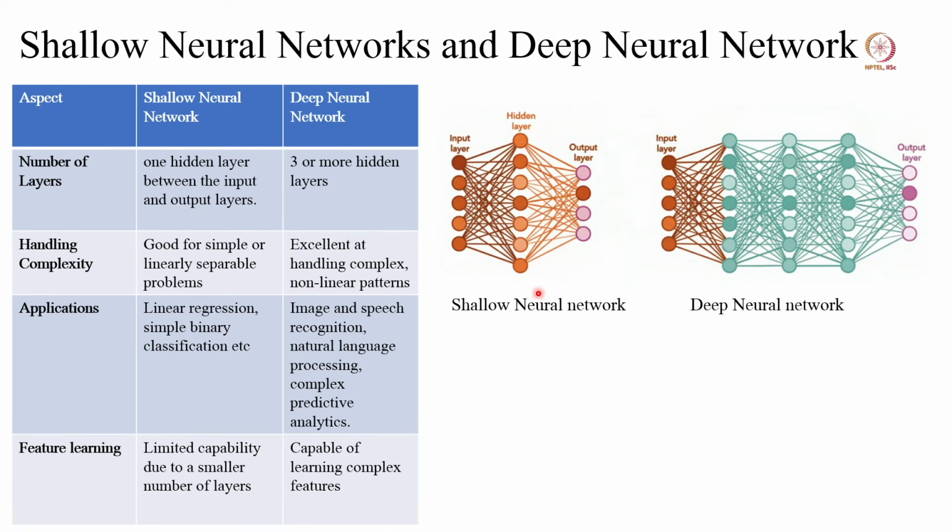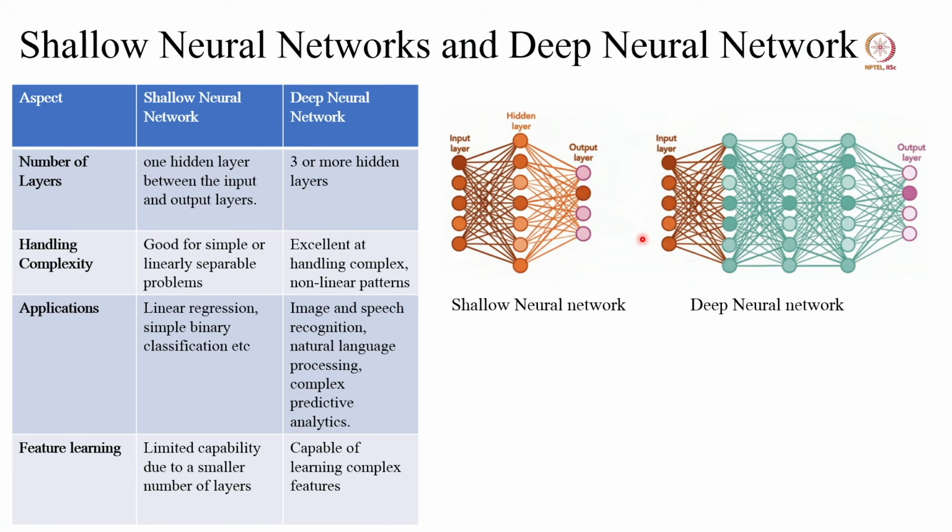So, in a shallow neural network we have one hidden layer, here it is 3 or more. Complexity wise, shallow neural networks can handle simple and linearly separable problems, whereas deep neural networks can excellently handle complex nonlinear patterns.